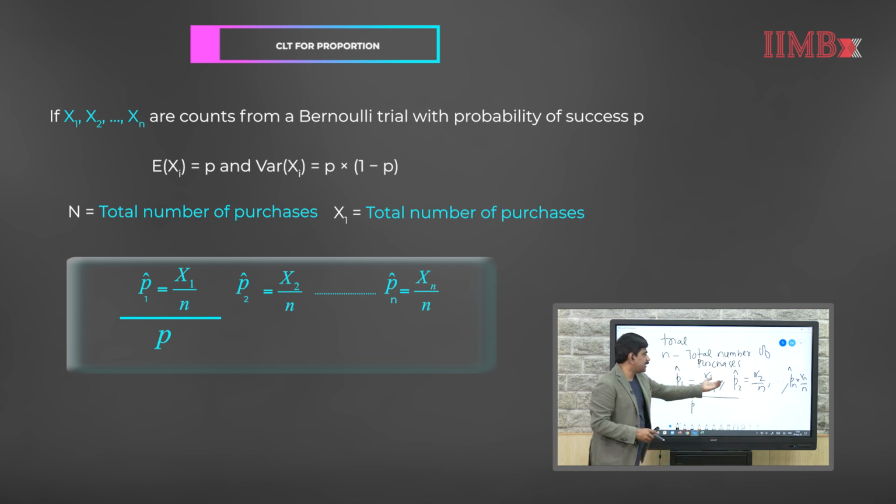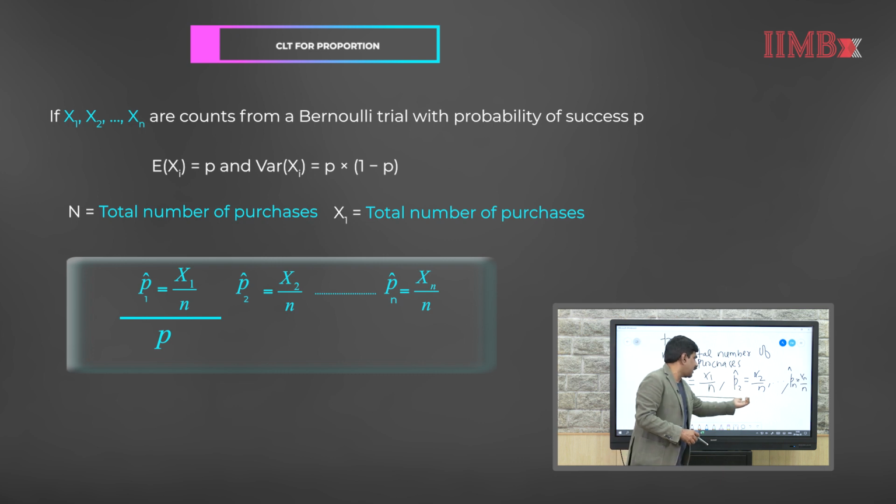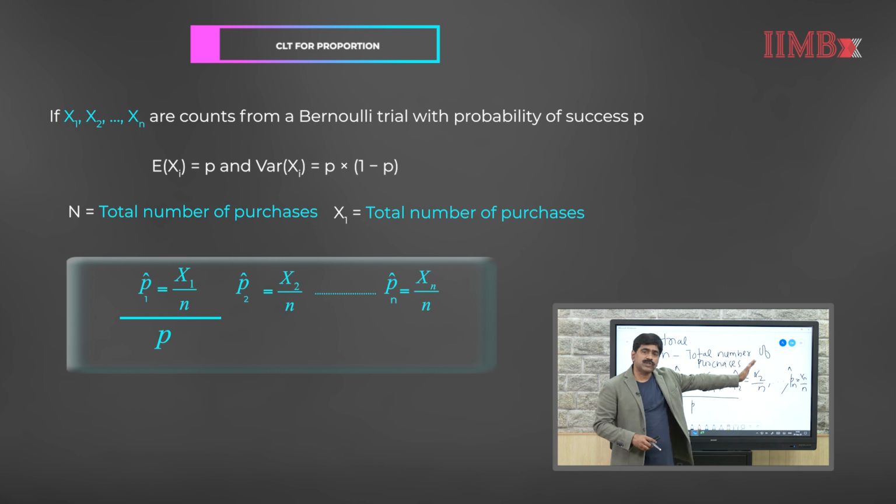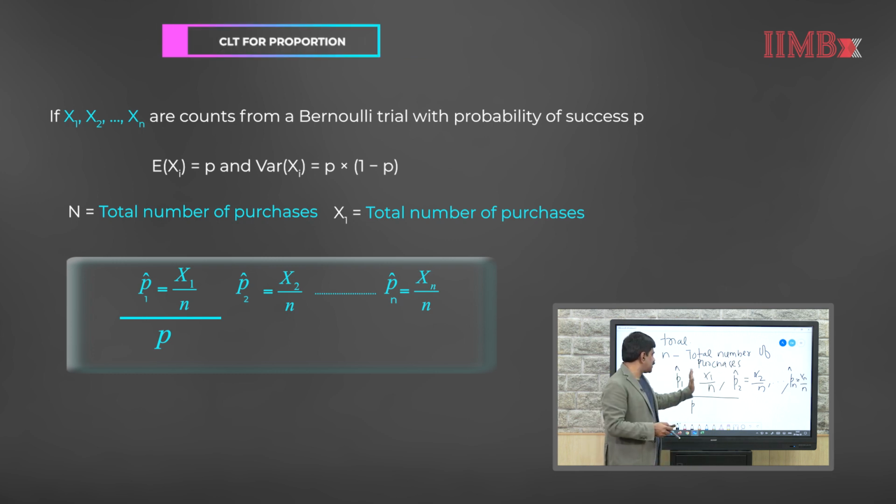So, we are forming a sampling distribution where the values are P1 hat, P2 hat and so on up to Pn hat.